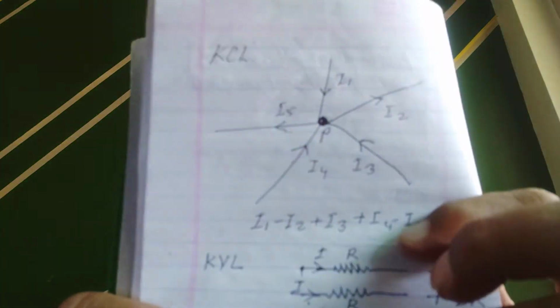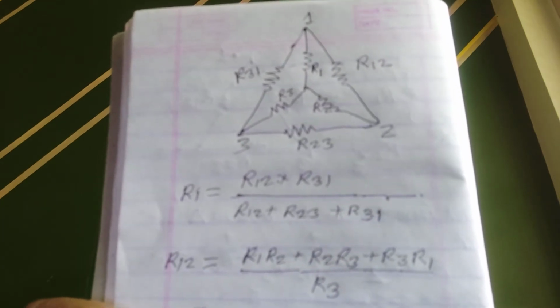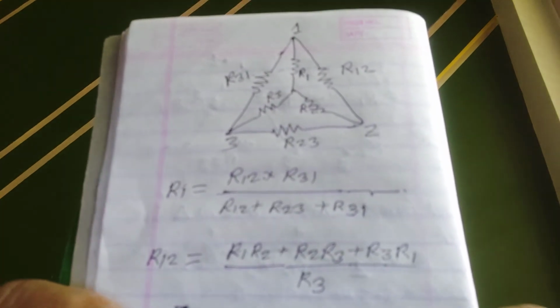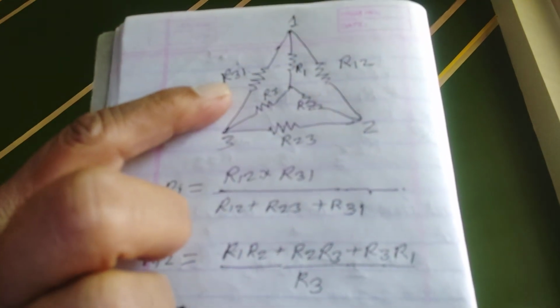But for finding the relation, there is a simple technique I am explaining to you. You take this diagram in which this type of figure is there, and when you want to convert star into delta, suppose you want to find the value of R1 in terms of delta.